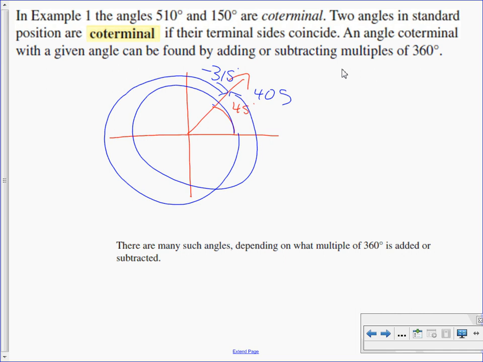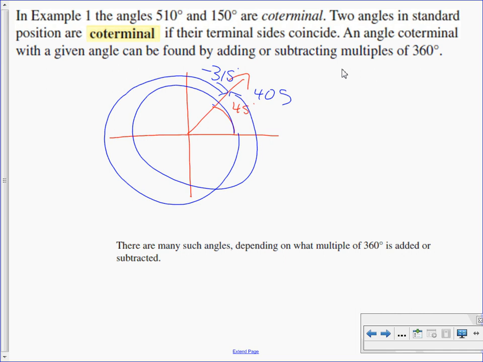Sometimes, in order to find the negative angle, you might have to go around more than once. If you're at 700 degrees and you subtract 360 from 700, you're still not negative.